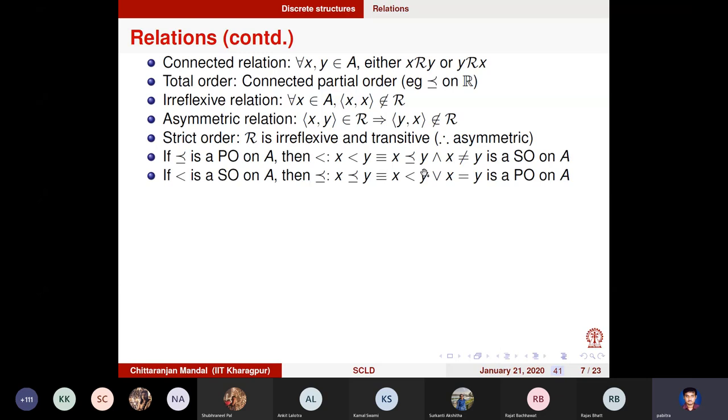And if you include x equal to y, then a strict order becomes a partial order. So you just need to add or remove the equality condition. There is a kind of duality between them.